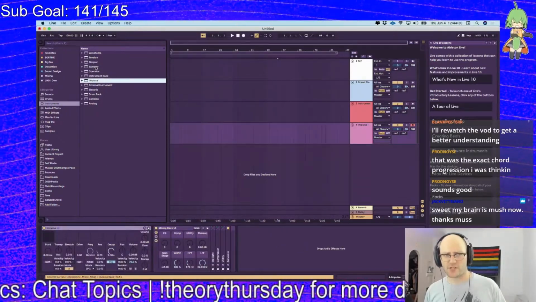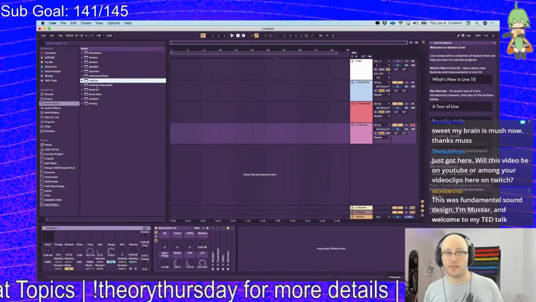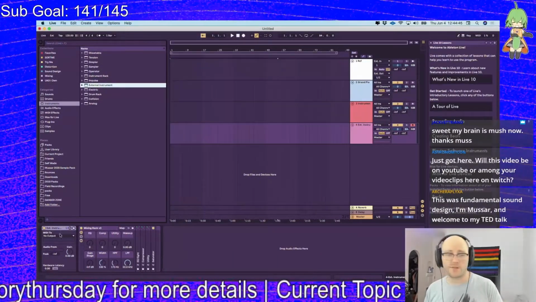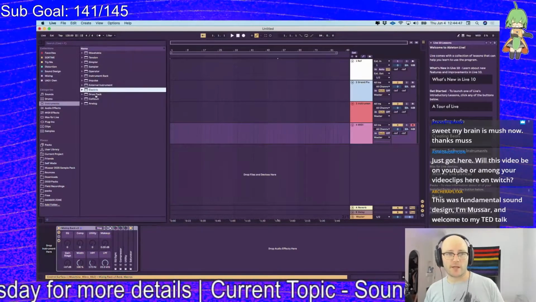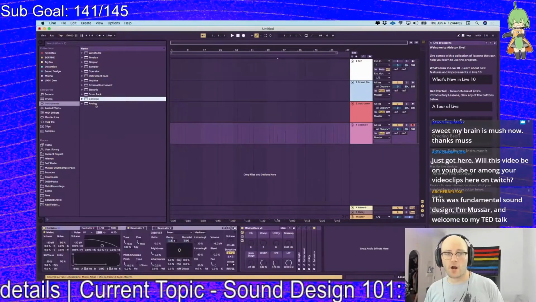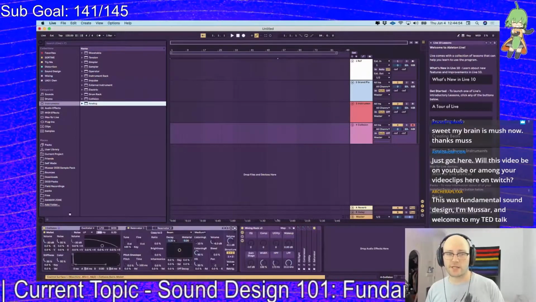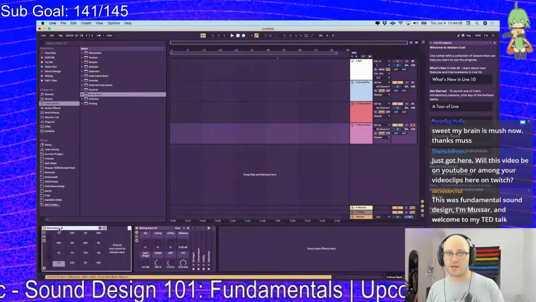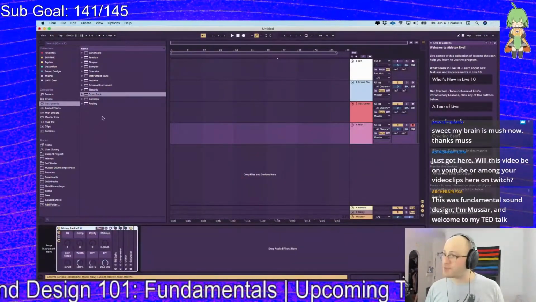Impulse is another sampler. Don't worry about these. We'll talk about these in a little bit. External Instrument just connects you to other things. Electric is another synthesizer. Collision and Analog are both synthesizers of various types. You can play around with one of those. And then Drum Rack is basically just another container for a bunch of samples.